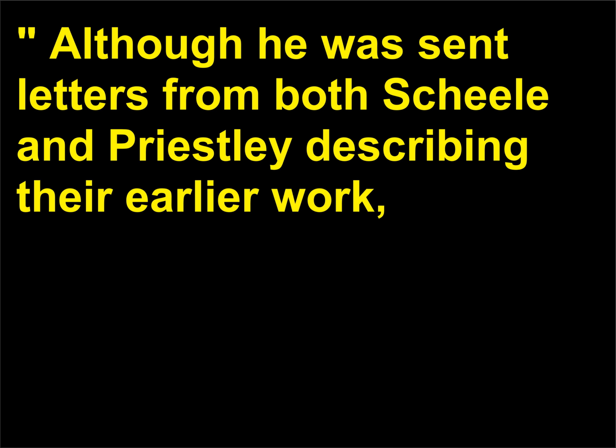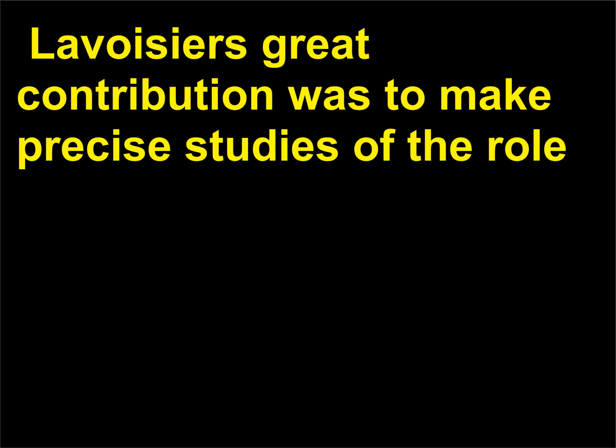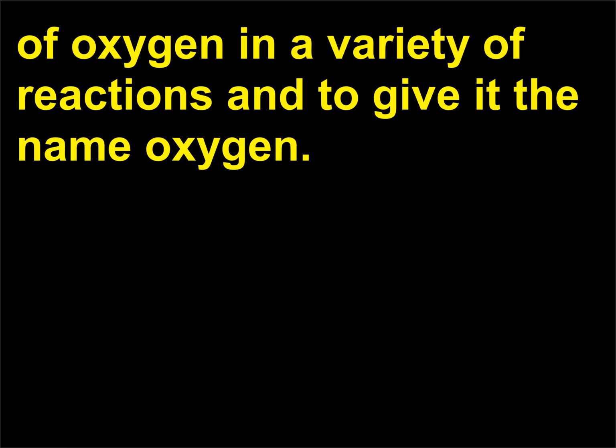Although he was sent letters from both Scheele and Priestley describing their earlier work, he never acknowledged their receipt. Lavoisier's great contribution was to make precise studies of the role of oxygen in a variety of reactions and to give it the name oxygen.